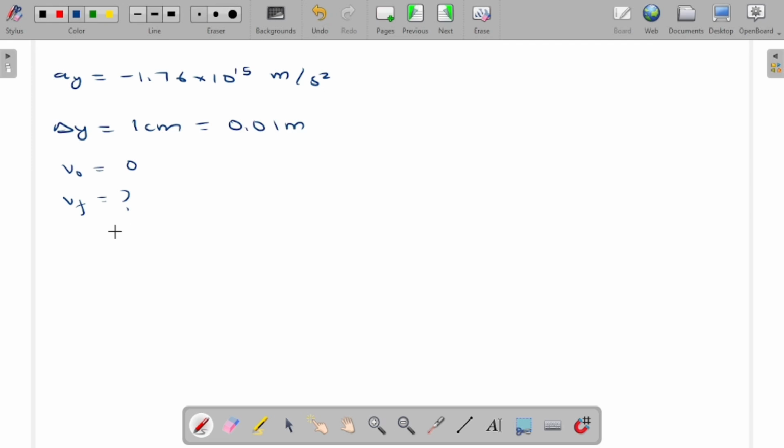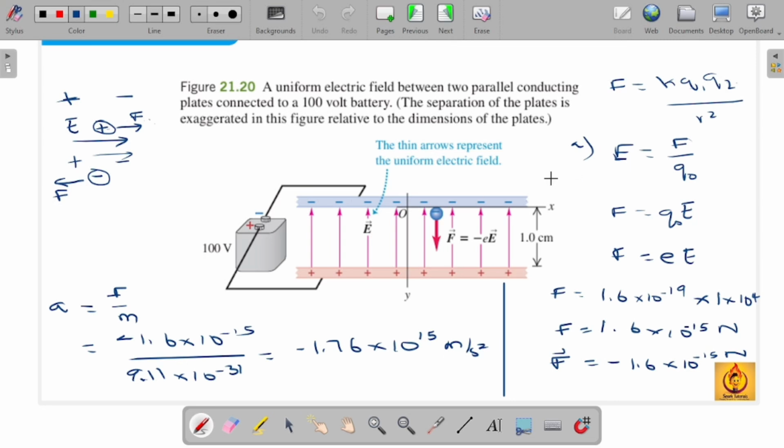So which formula should we use? VF squared is equal to VI squared plus 2A delta y. Okay, let's define our axis. Are we defining our axis positive downwards or positive upwards?